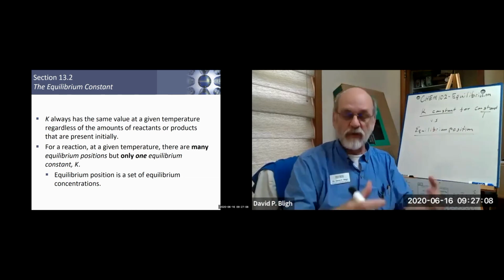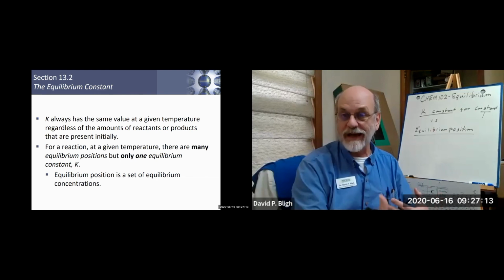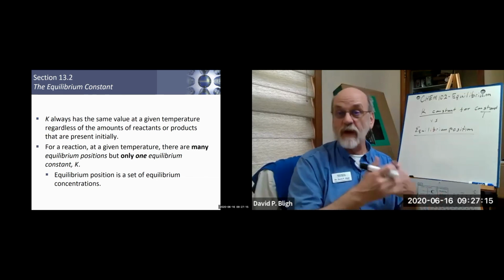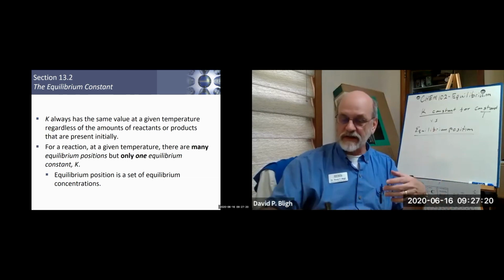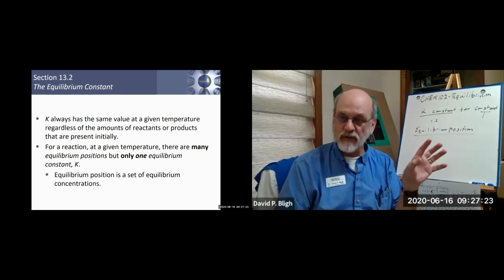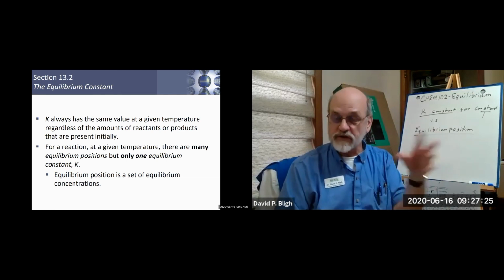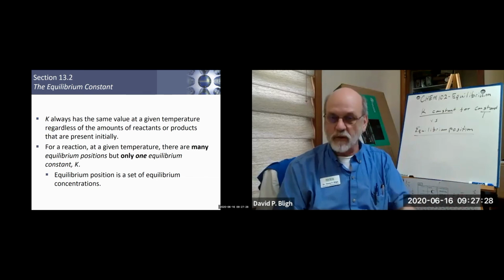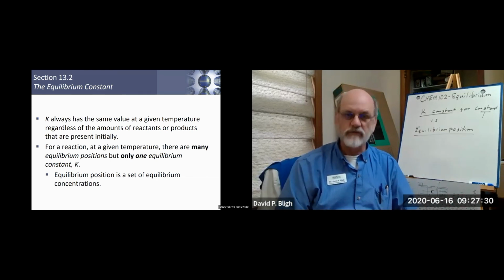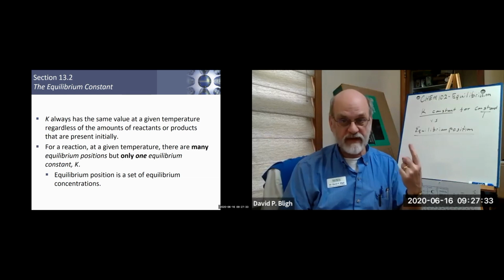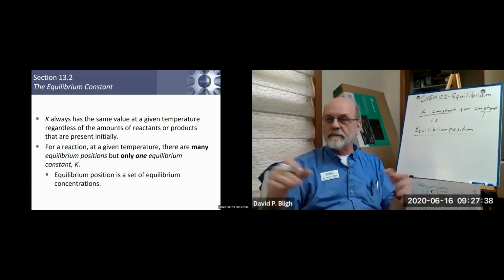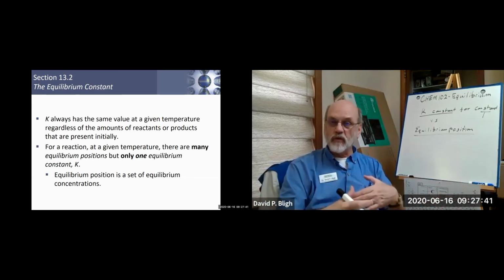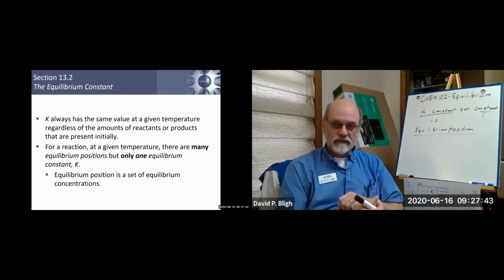If you add a component to that reaction, it starts to shift the reaction to the other side. But it doesn't use up all of the component that you added. It leaves a little bit behind. So logically, the concentration of that added component is not the same when it reaches the new equilibrium. That's the equilibrium position. There's only one equilibrium constant for a given temperature, but there could be many equilibrium positions depending on the concentrations that you start with or that you tinker with over time.